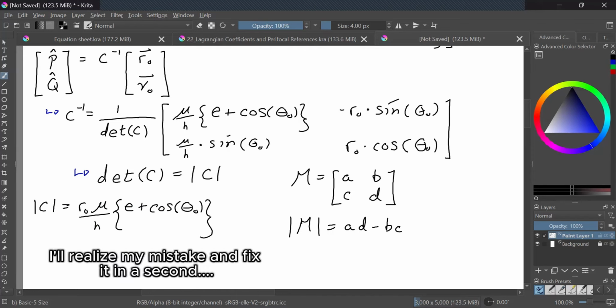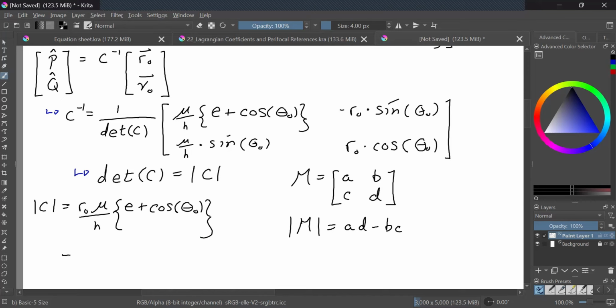And then I have minus the next combination, which is these two multiplied together, which is actually minus R naught mu over H. I'm going to go ahead and cancel out the negatives. And then sine times sine is sine squared of theta naught.